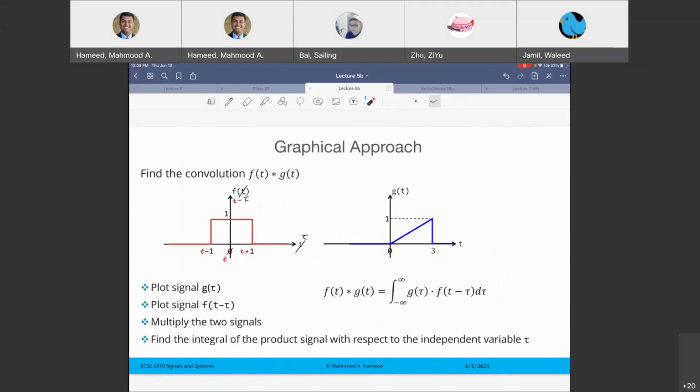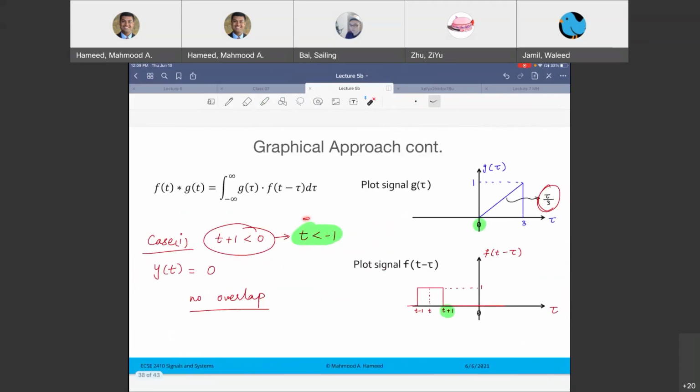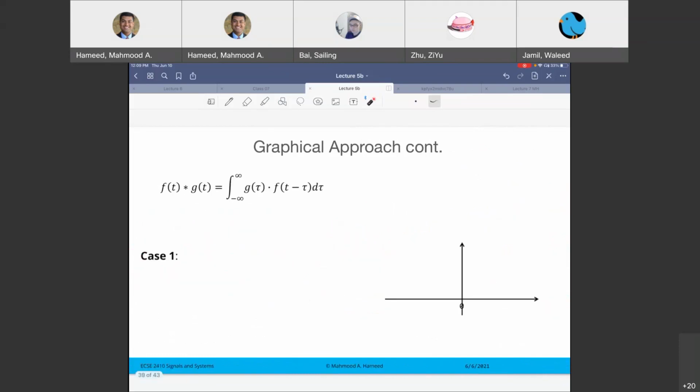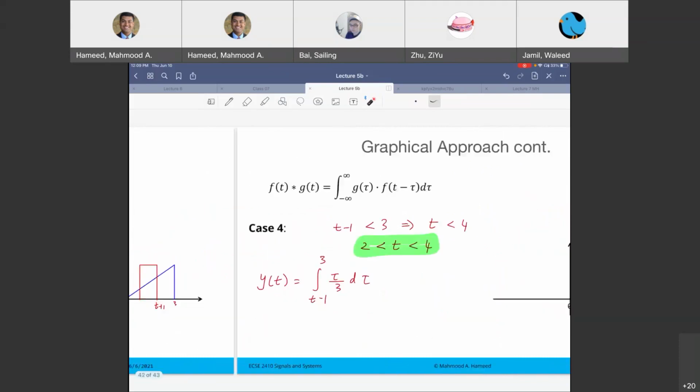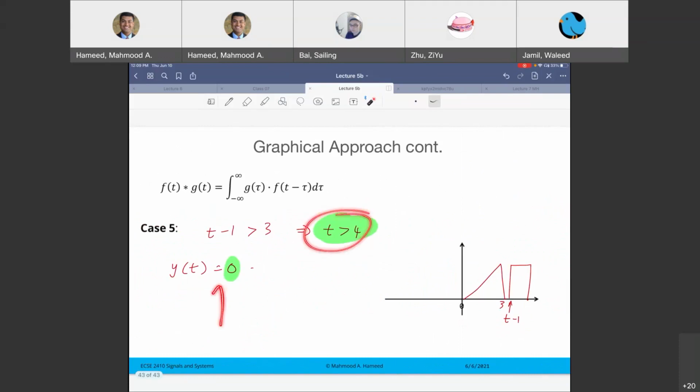So the answer y of t would have started at -1 and ended at 4. Less than -1, it was no overlap. Only when you had more than -1, you got something. And you had nothing after 4. You guys see that? So that addition of the lower limits and addition of the upper limits works for this.